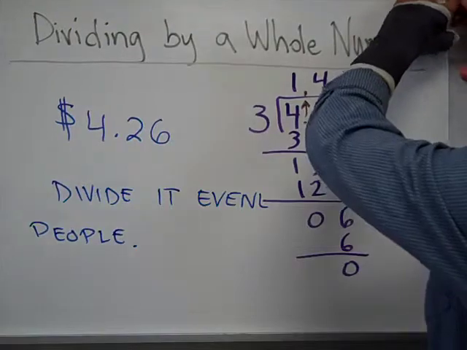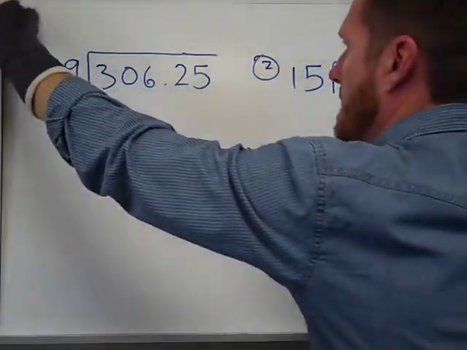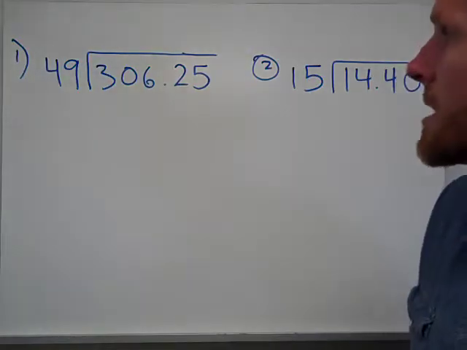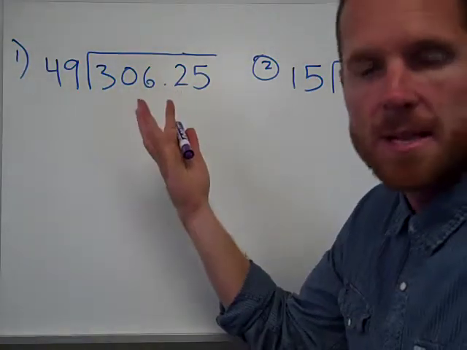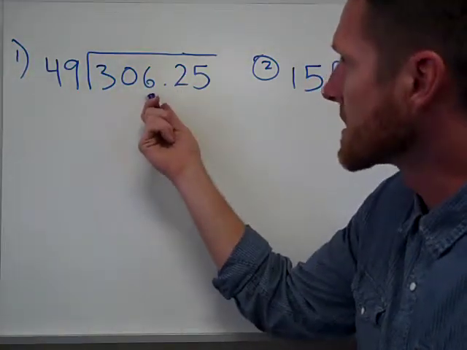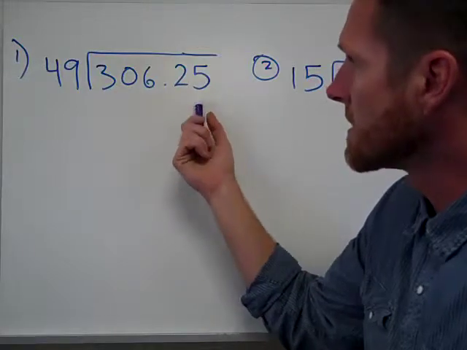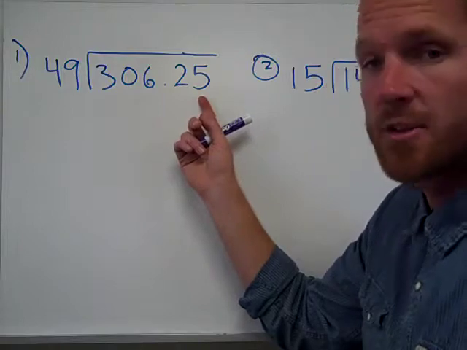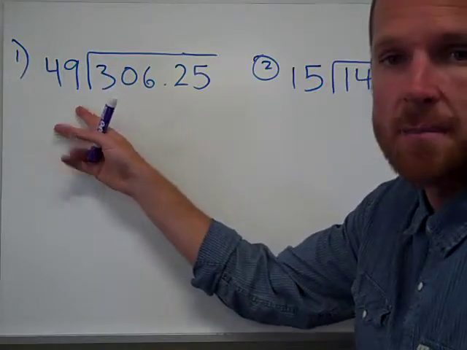Alright, let's take a look at some more. This first one, we can keep it as money if we'd like. $306.25, or 306 and 25 hundredths, divided by 49.